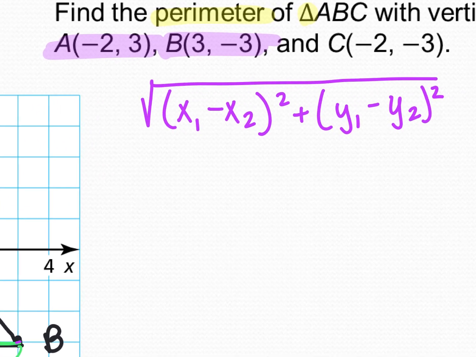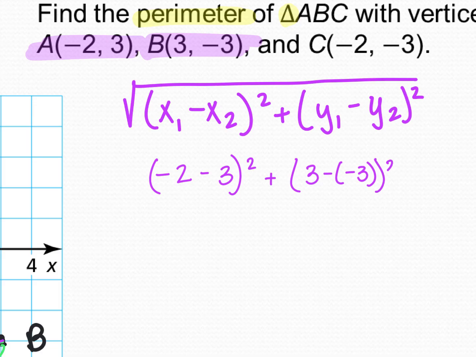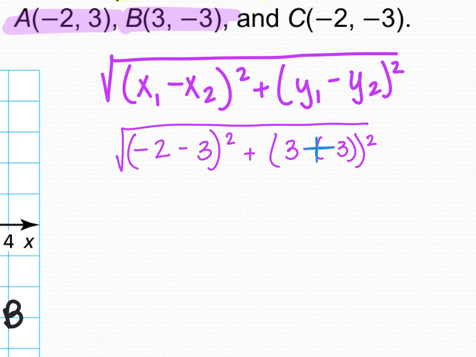So plugging in what I have, I'm going to use -2 minus 3, keep in mind it's squared, plus 3 minus negative 3, and again it's squared. Don't forget that square root. Changing this to a plus symbol, I'm going to get negative 5 squared plus 6 squared.